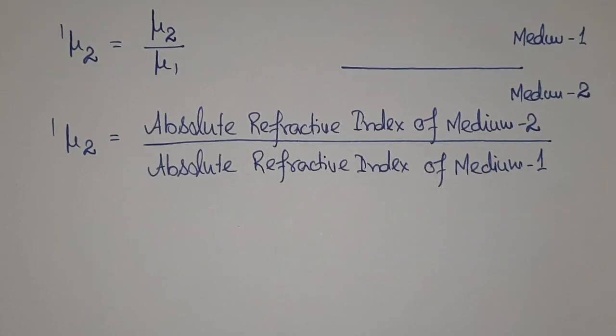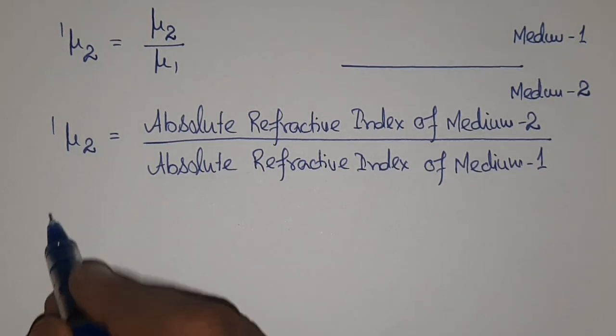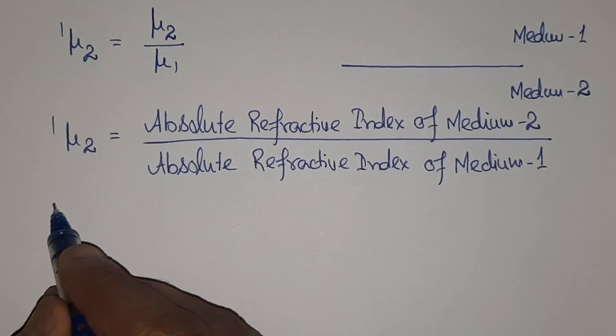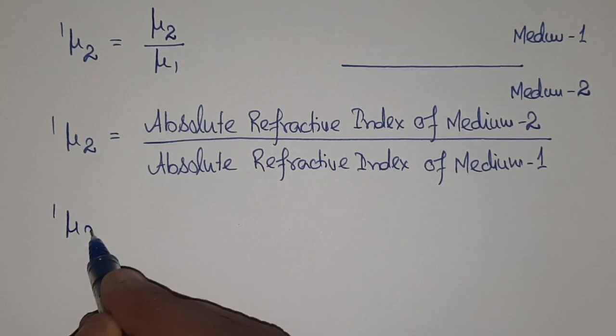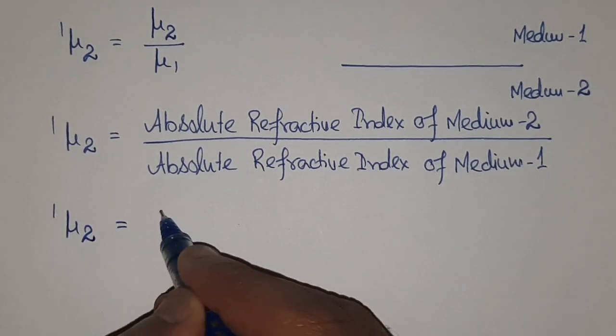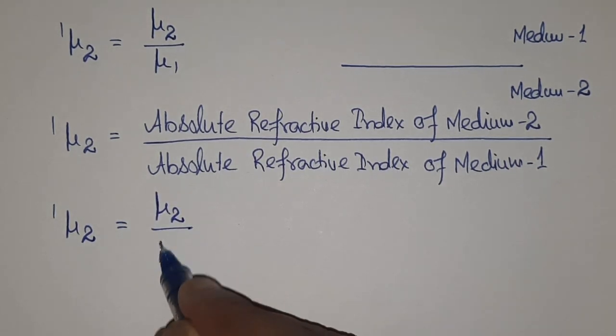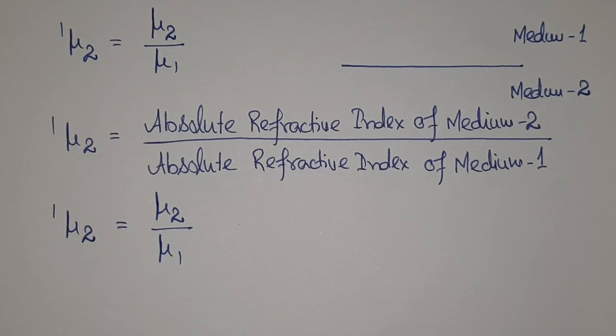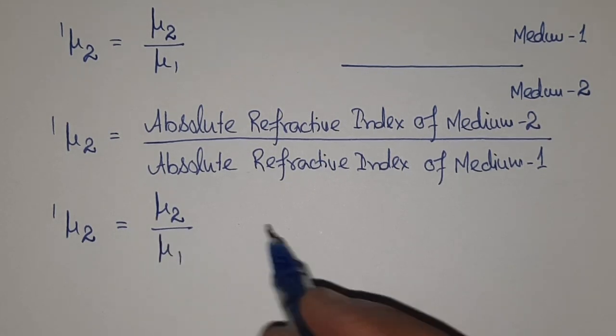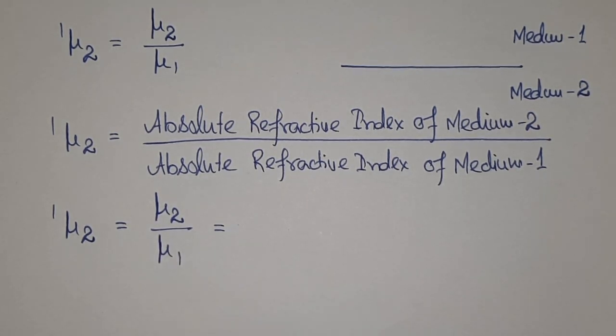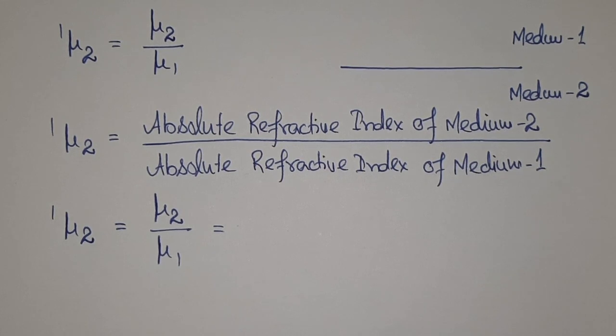Now in terms of the velocity of light in the medium, we can write it like this, 1 mu 2. This is the refractive index of 2 with respect to refractive index of 1. Now, the absolute refractive index of 2, what will be written?